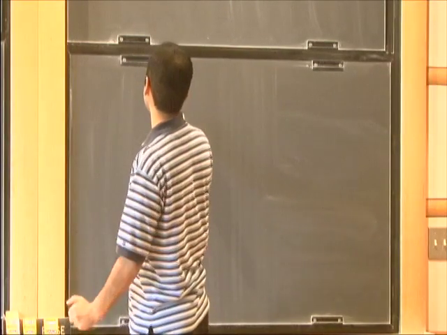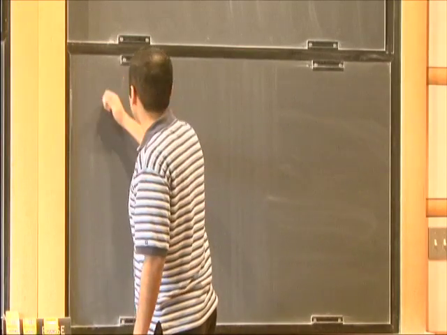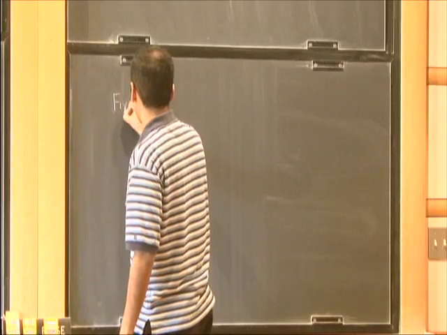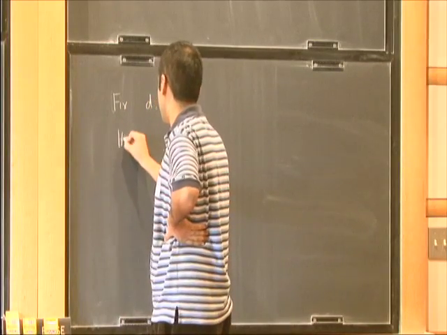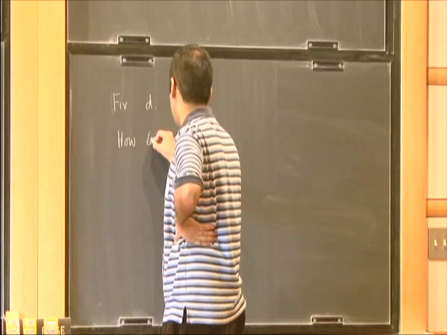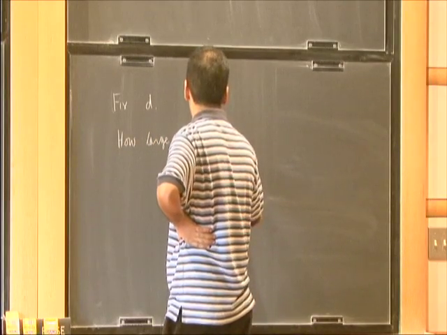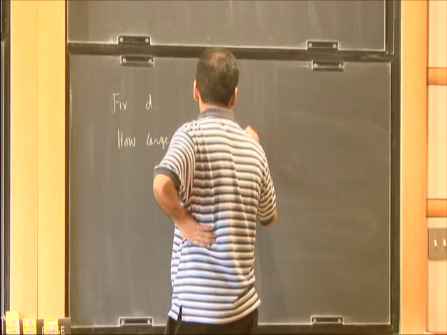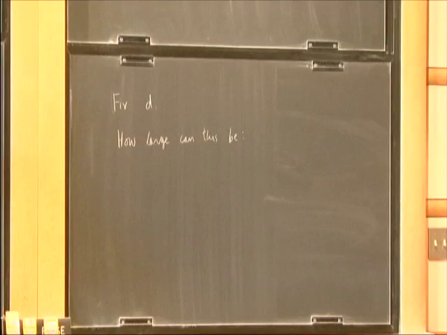Another kind of question is the following. Again, I fix d. Then how large can the following be? I'm now looking for a tuple of functions, or a function from F2^n to F2^n, that computes lambda.